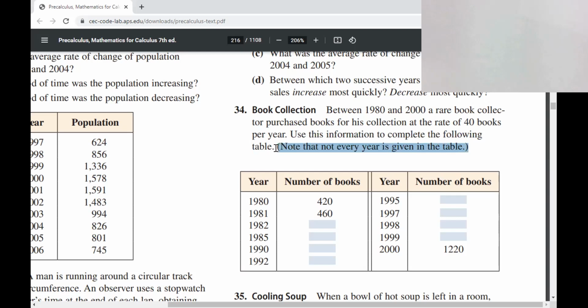So from 1980 to 2000, he collected books at a rate of 40 books per year. So from 1980 to 1981, that's a growth of 40 books because that's 1 year. Right? What's the next one?